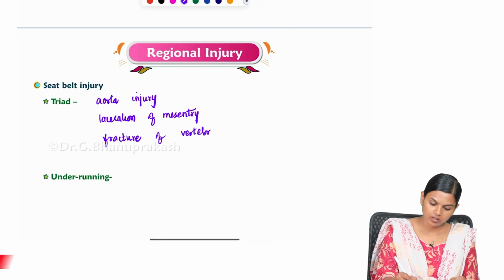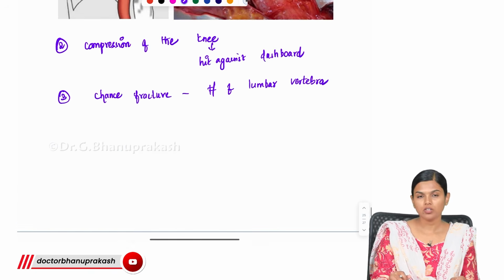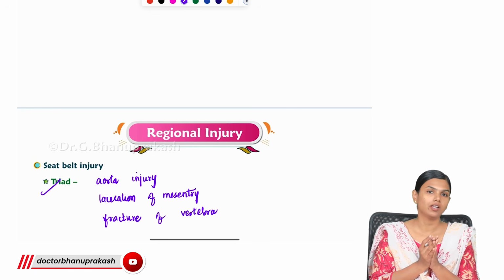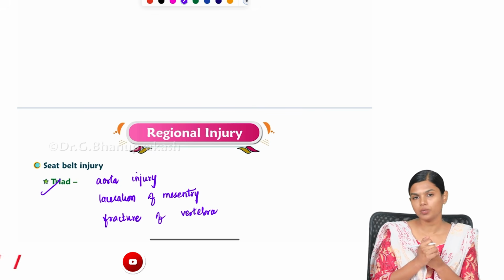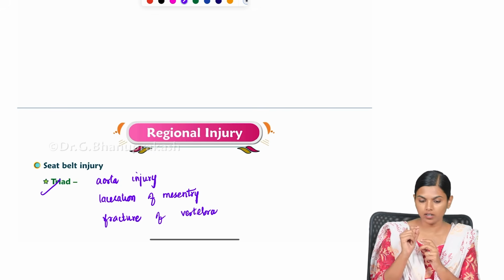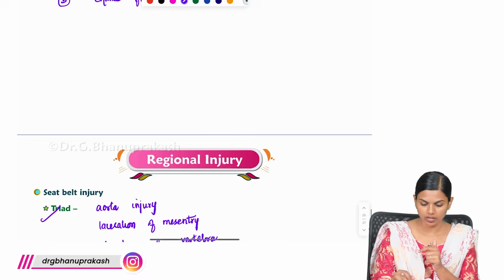These three are most commonly seen. Because of this, you will see laceration of the mesentery, like how the aorta is getting compressed, the mesentery will also be lacerated, and you can also see the lumbar vertebra getting fractured. So these are the common things that you can see in occupants of the vehicle.